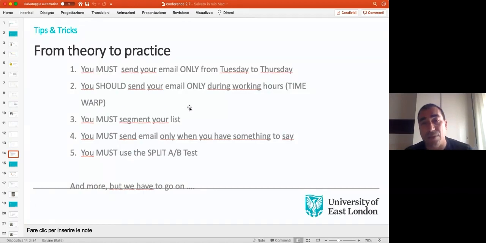From theory to practice, you must, this is a must and not a should, send your email only from Tuesday to Thursday. Why? I want you to remember what you are doing on Monday morning when you are in the office. Well, now we are in lockdown and the office is 24/7, but in normal life, you arrive at your office, you sit down, you open your email and you see billions of newsletters.